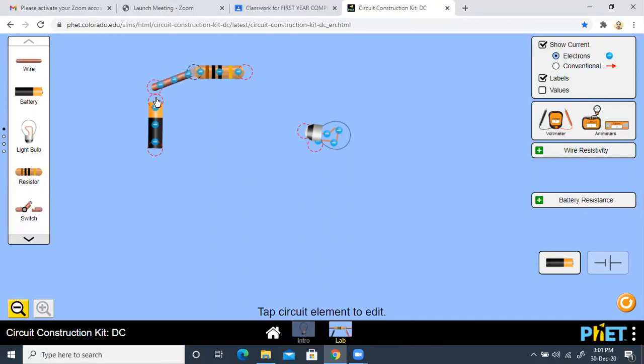So I am connecting all these components through a wire. So again from the other end.